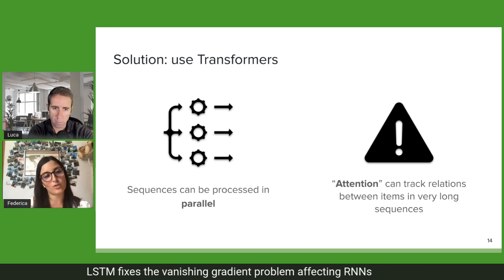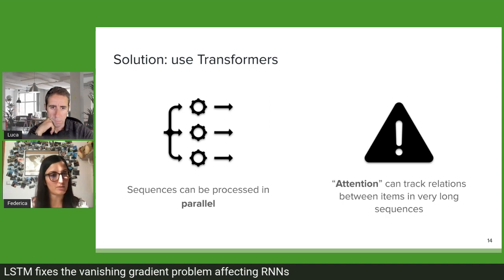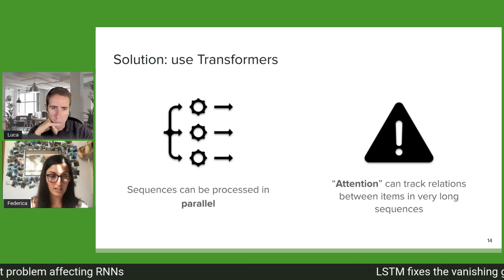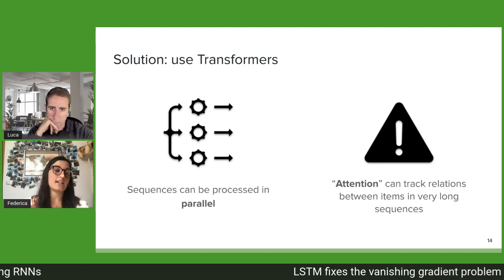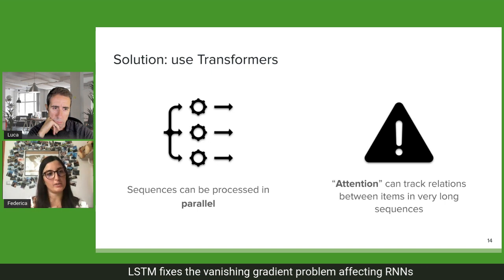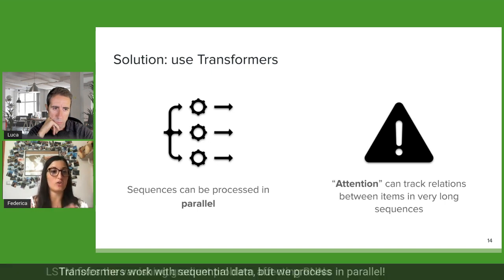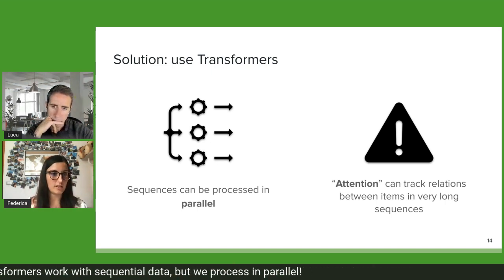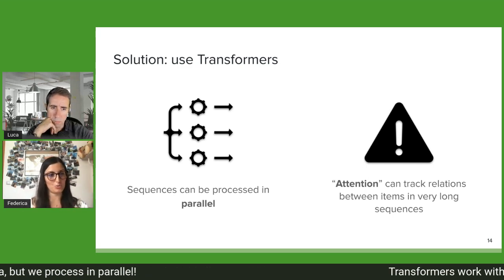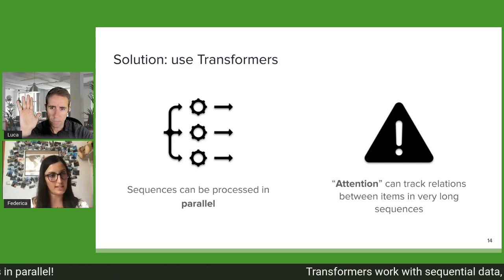And the other main contribution made by transformers is a technique called attention. That is a technique that allows the network to track the relations between the items, also in very long sequences. And we will see how, but these were the two main contributions that transformers made, yes.